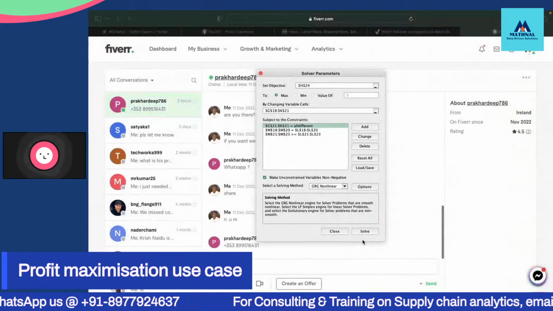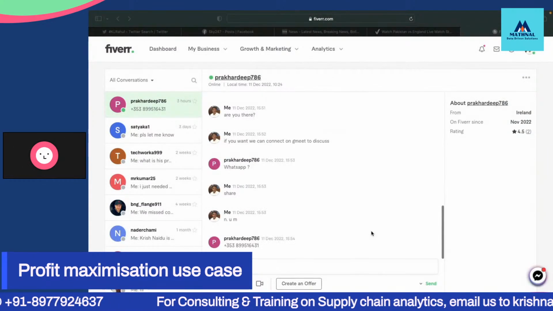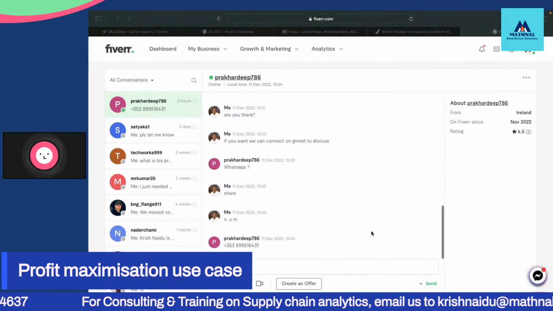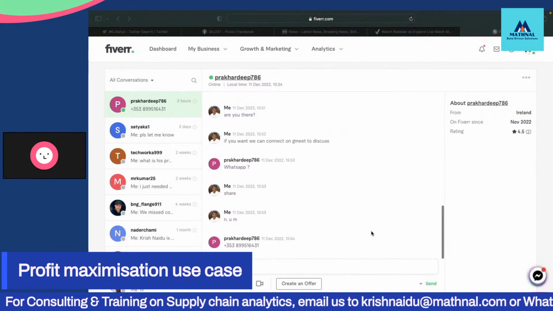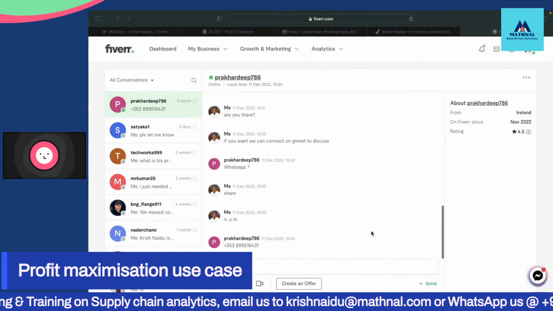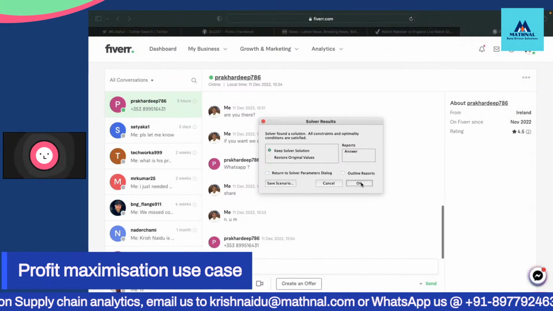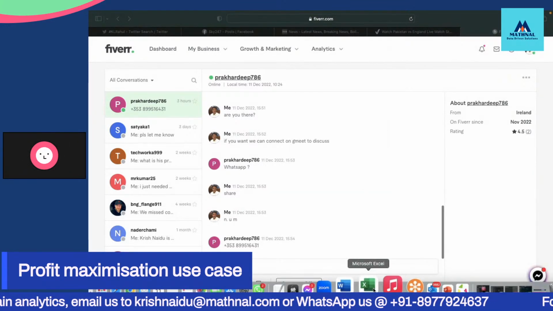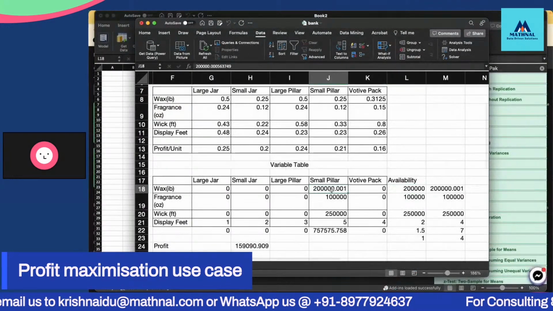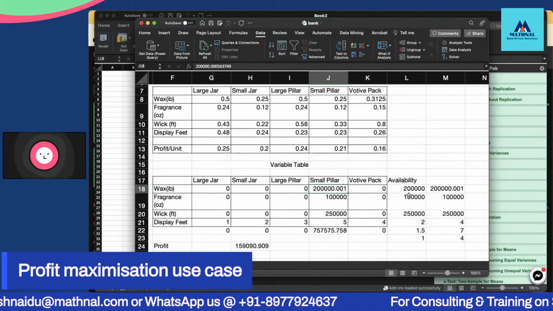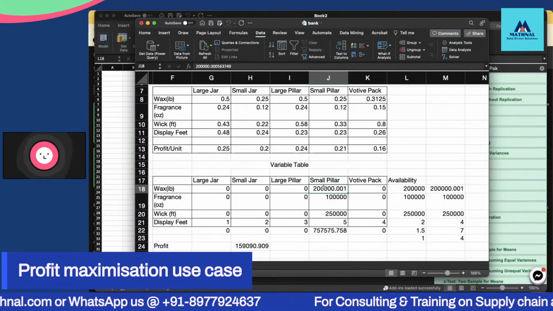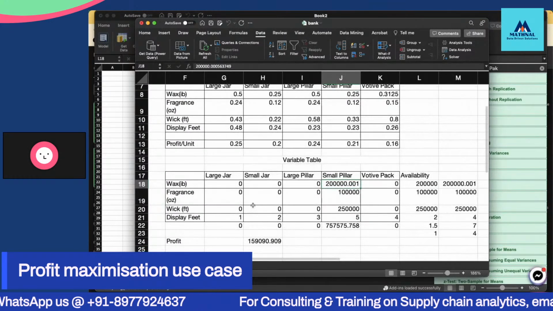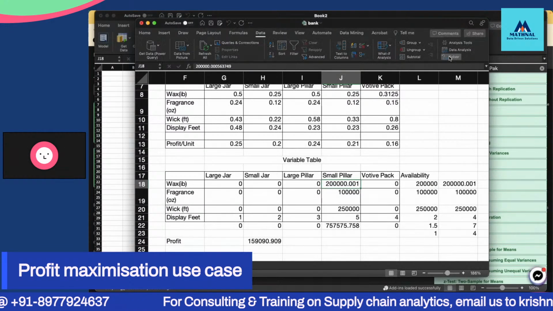I think we gave the wrong numbers. Let's see the new numbers, how it's going to work. So Excel is still suggesting us to go with the... let me change the method here.